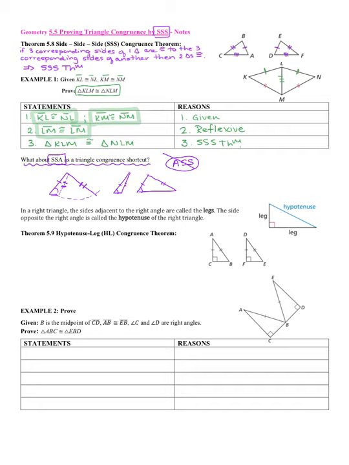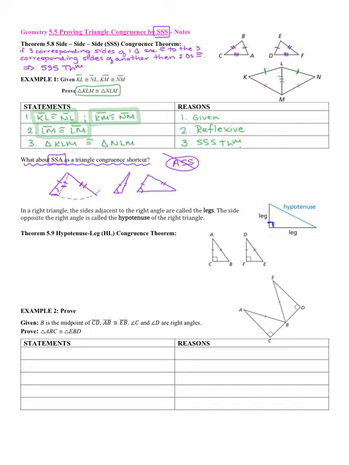All right, however, we can tweak those given pieces of information just a little bit. And if I take that angle and I make it a right angle, then what happens is your angle, side, side becomes what we call the hypotenuse leg theorem. So it's still three pieces of information.